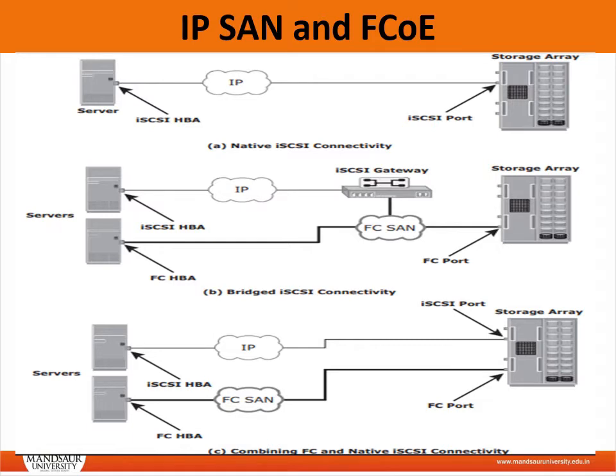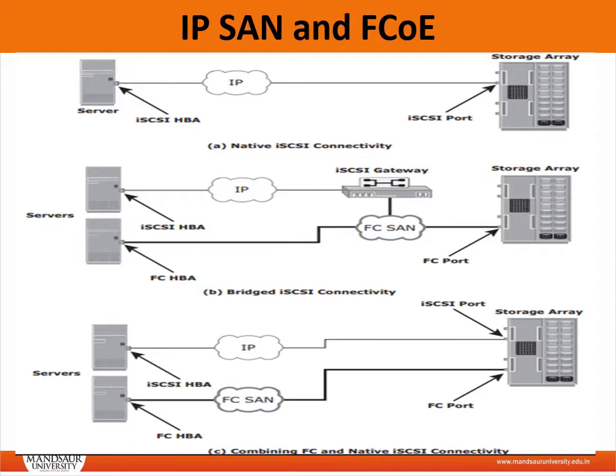In an implementation that uses the existing FC array for iSCSI communication, an iSCSI gateway is used. These devices perform a translation of IP packets to FC frames and vice versa, thereby bridging the connectivity between the IP and FC environment.